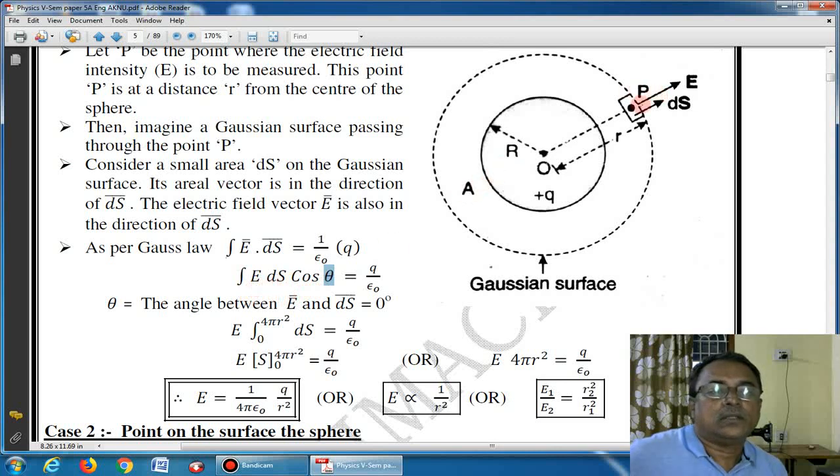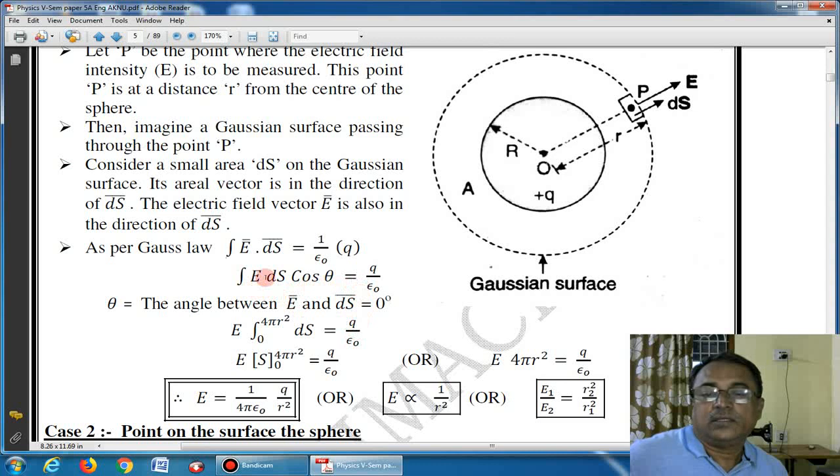So here E bar is in this direction and ds bar is also in the same direction. Then theta is equal to 0. Angle between E bar and ds bar is equal to 0. Then substituting this value, that will be equal to integral E ds, that is equal to q by epsilon naught.